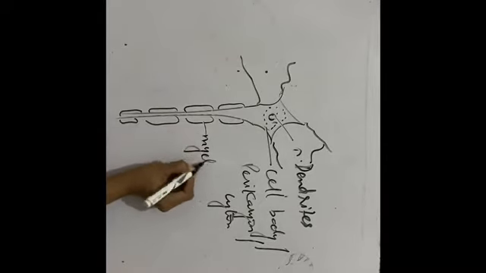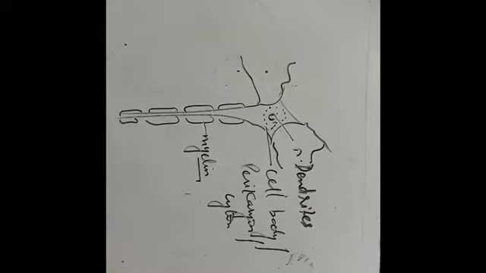This is myelin. This sheath is further covered by a very thin sheath, and that is known as neurolemma.